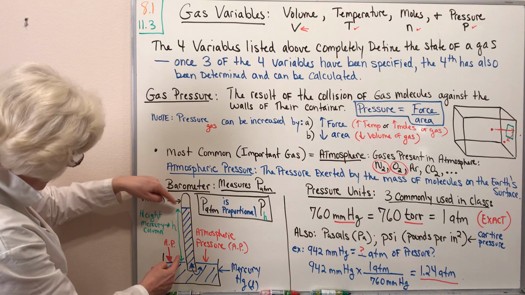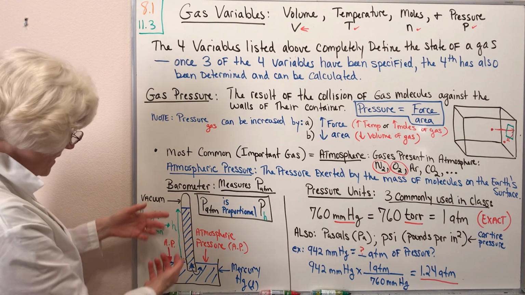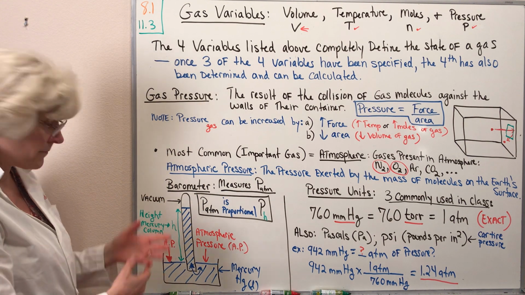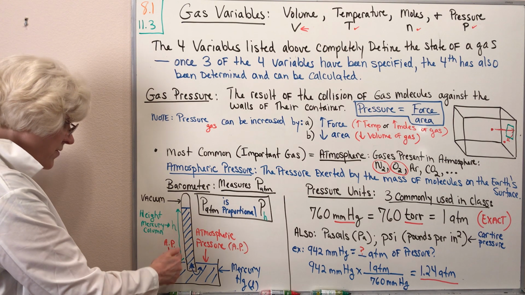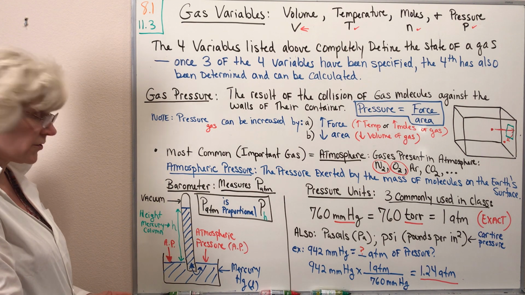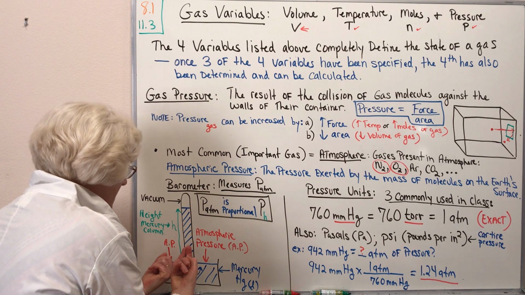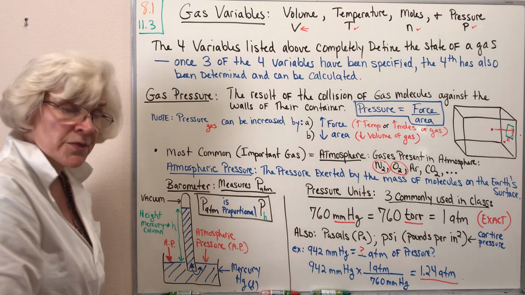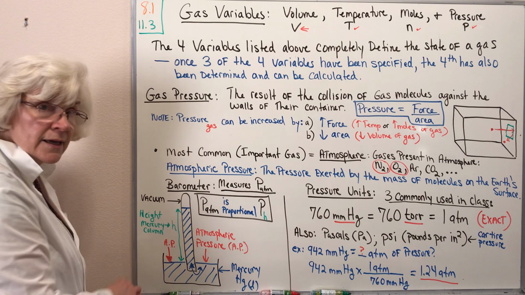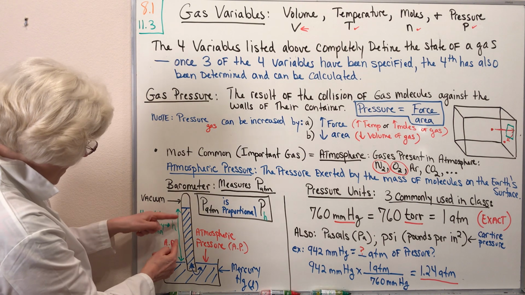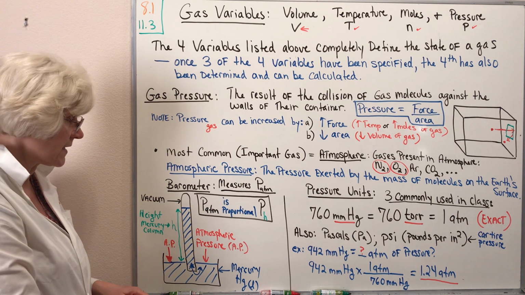So you can take a measuring device that measures length, a metric rule, and measure the height of that mercury column. As the atmospheric pressure increases, it pushes the mercury up higher and higher inside of the tube, and the height increases.